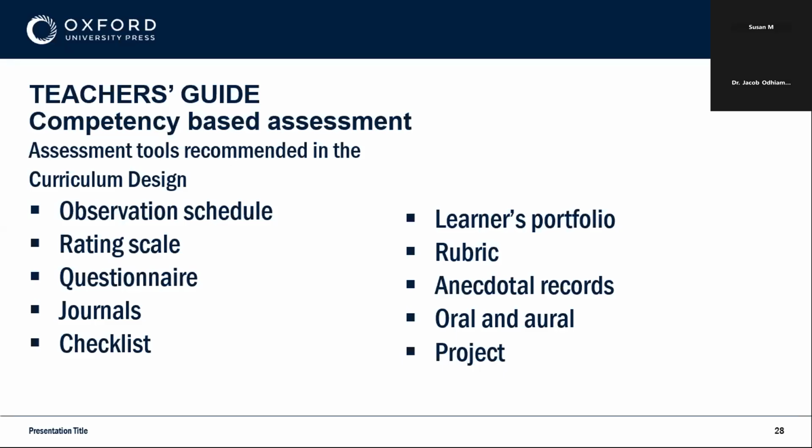You can see observation. We call it observation schedule. Schedule there means in observing something, let's say the learners are carrying out a practical, there are specific things you want to observe. That's why it's called a schedule. Another name is observation guide. You cannot just say that I want to go and observe learners doing a practical.